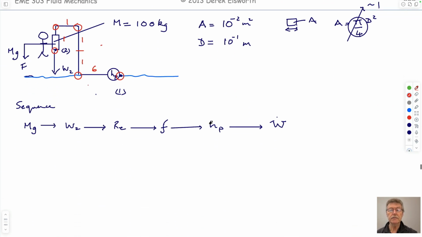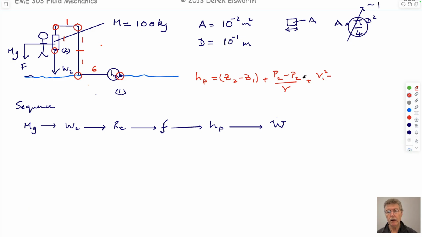So if you write the equation for this, it will be HP is equal to Z2 minus Z1, which has come from the other side, plus P1 minus P2 all over unit weight, plus V2 squared minus V1 squared, sorry, this is wrong.